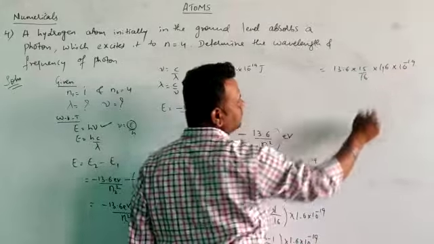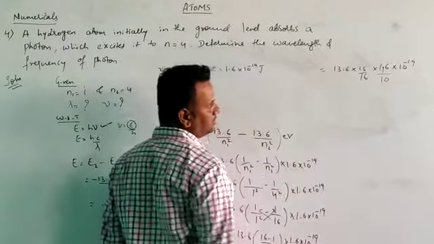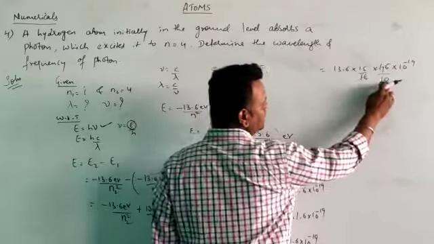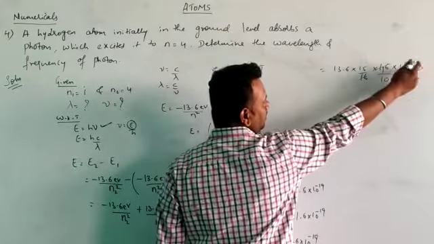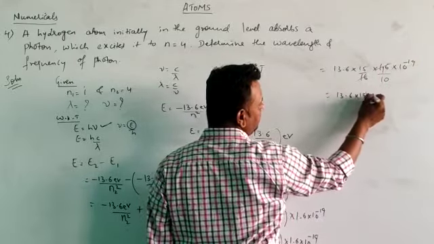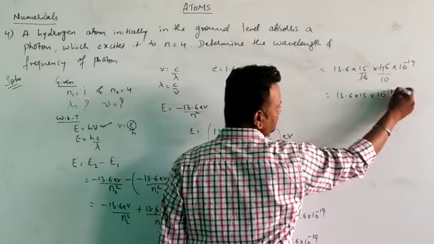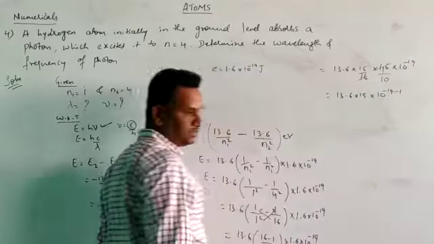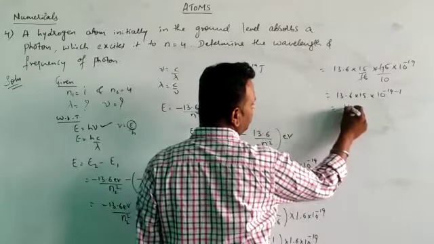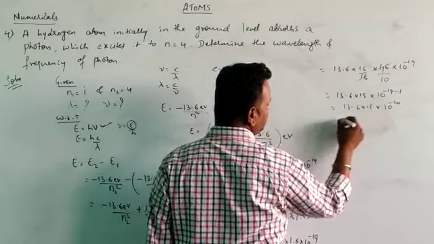If I remove this decimal point, then it will be taken as 10, so 16 will get cancelled. Taking this to the numerator, it becomes 13.6 into 15 into 10 to the power of minus 19 minus 1, so 13.6 into 15 into 10 to the power of minus 20.